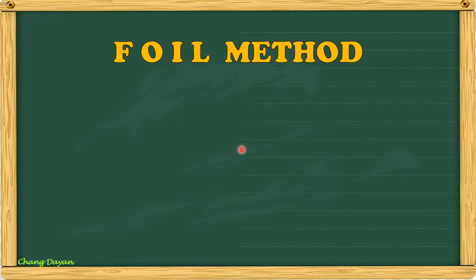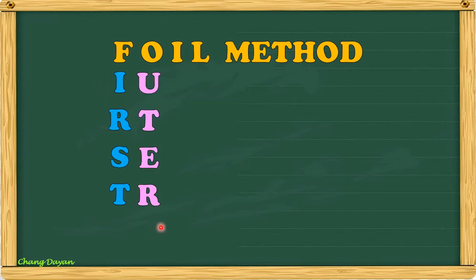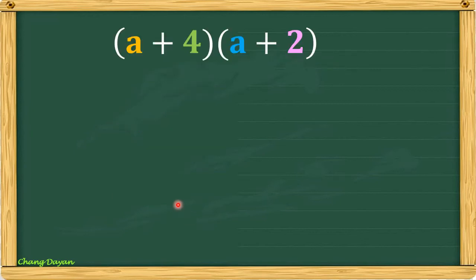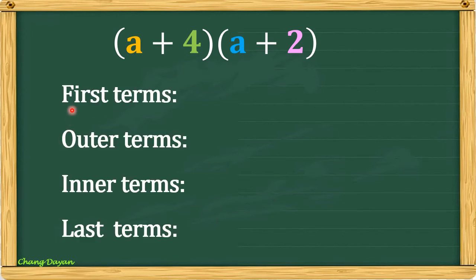Next, let us apply FOIL method. So, F pertains to the first term, O for the outer terms, I for the inner terms, L for the last terms. Say for example, we'll have here A plus 4 and A plus 2. Let us identify the first terms. So the first term in the first binomial is A, and the first term in the second binomial is A also.